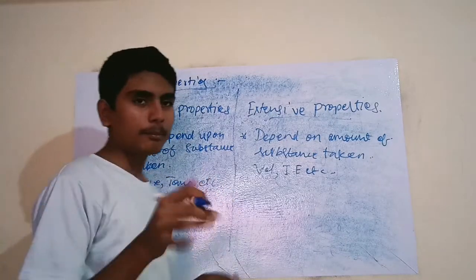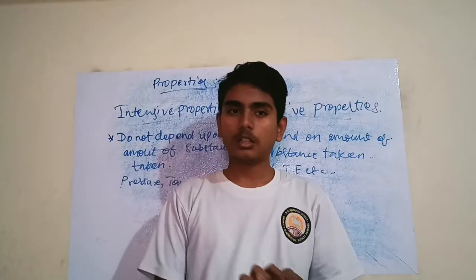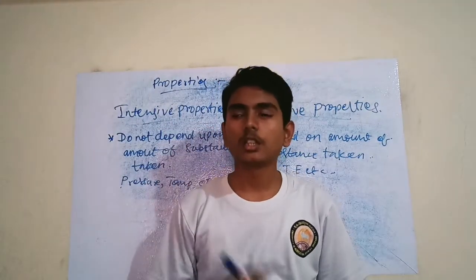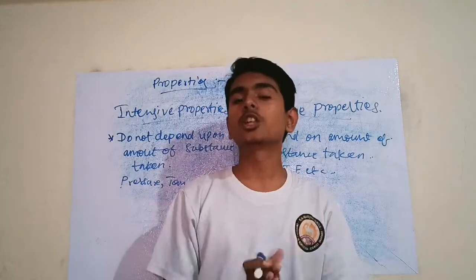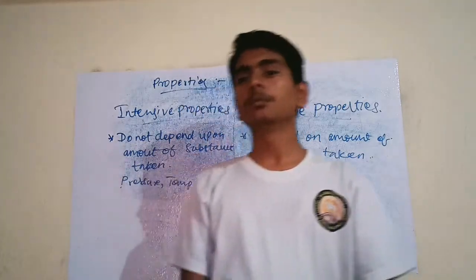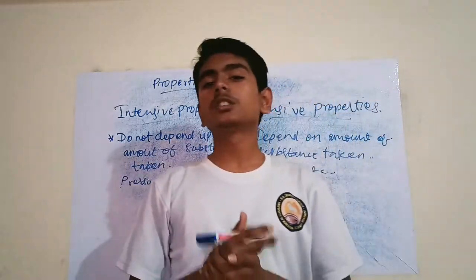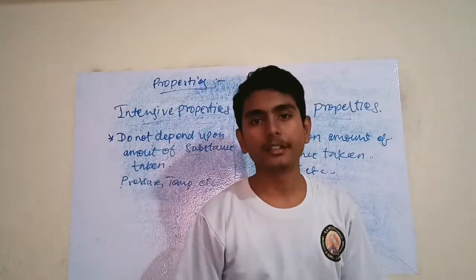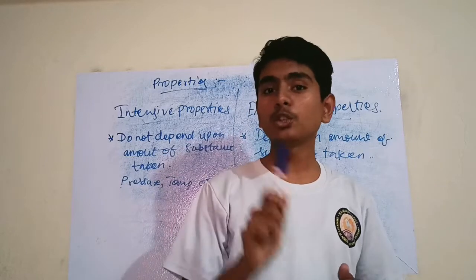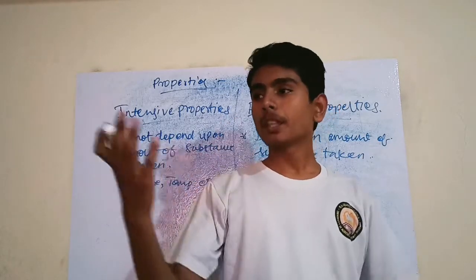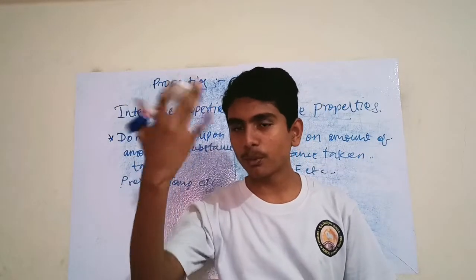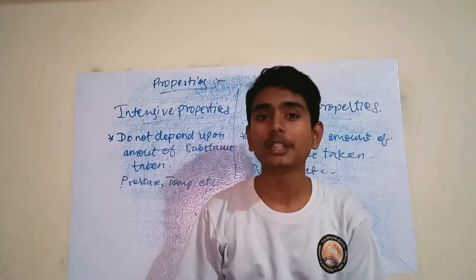And remember, all concentration terms you have studied in the first chapter, no, molarity, molality, normality, all concentration terms are intensive properties. Because if you consider molarity, then it is the number of moles of solute per liter of solution. If you divide the number of moles by volume of solution, it will become intensive.